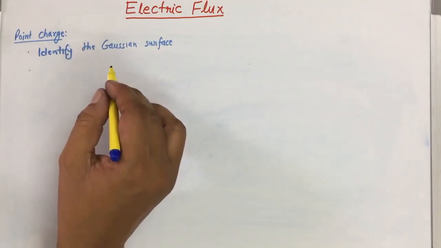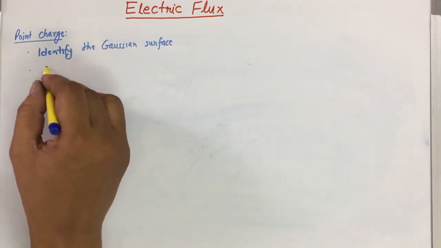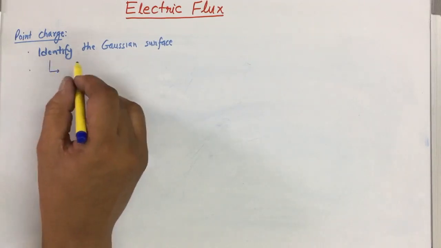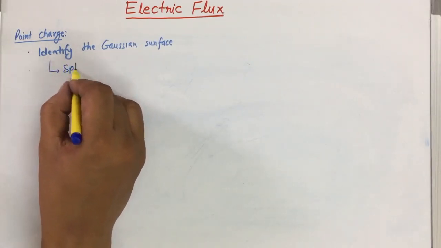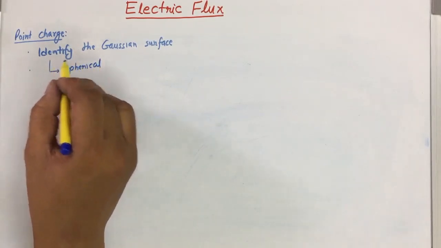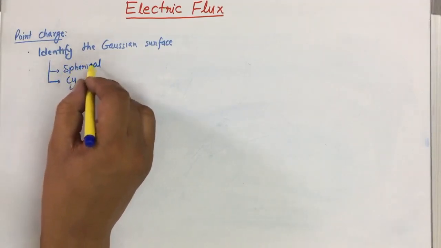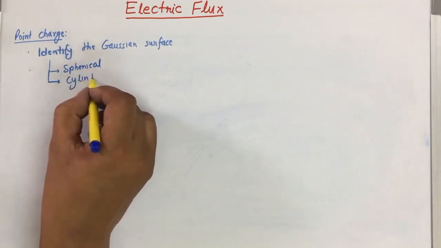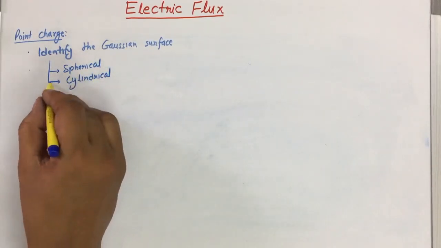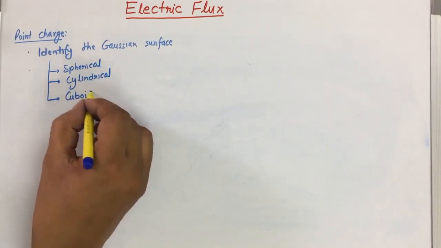So there is no need to write, just keep in mind the surface is chosen so that electric field symmetry exists. So for example, it can be three types of Gaussian surface. It can be spherical for point charge, cylindrical for line charge or cylindrical charge, and cuboid.